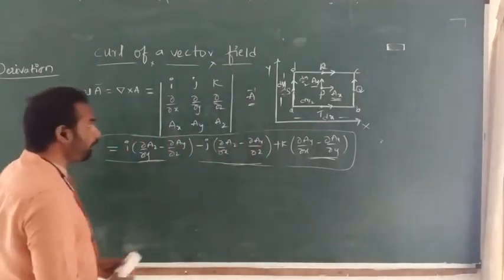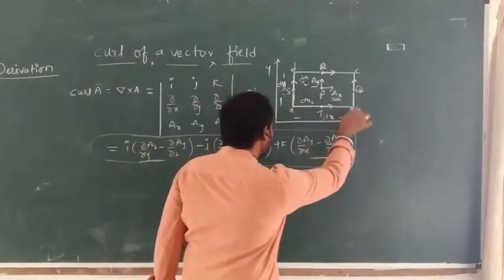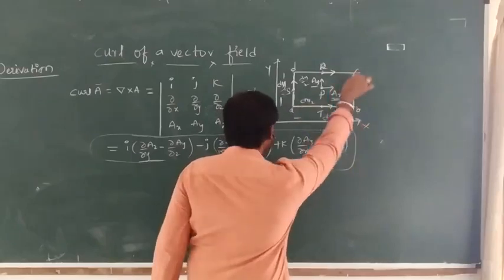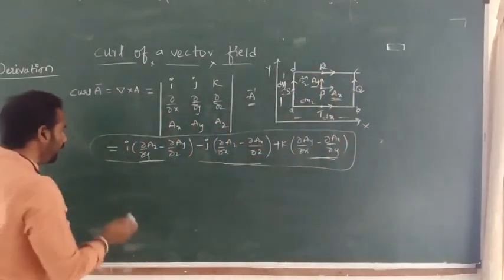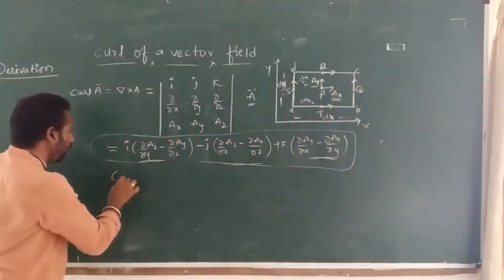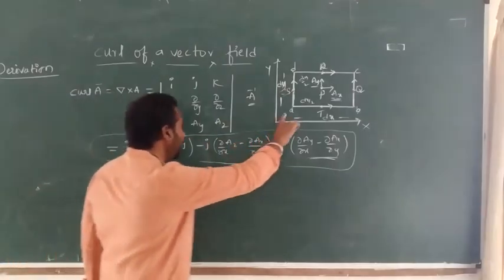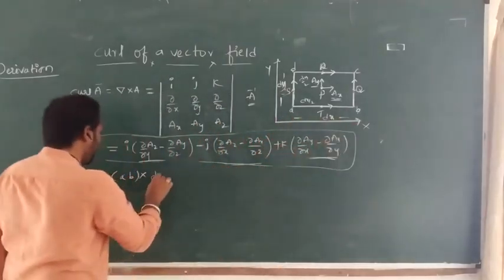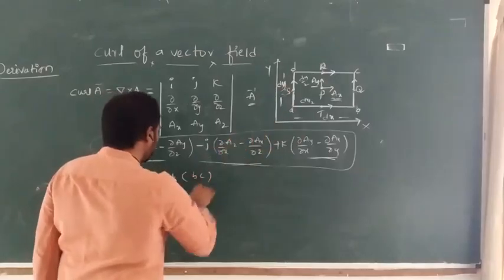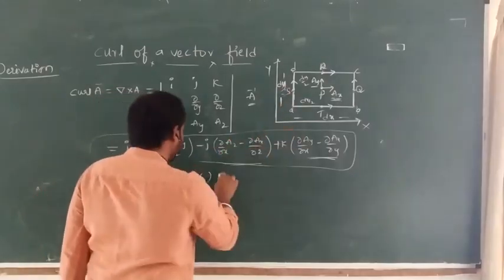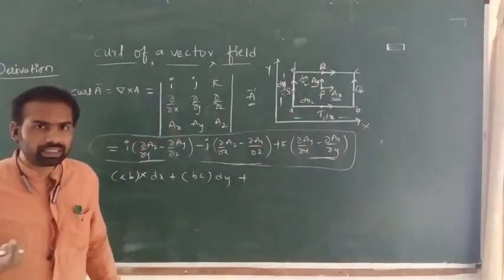Now we are going to find the line integral about the rectangle ABCD. What is the line integral about the rectangle ABCD? It becomes the component of AB into the length dx, plus the component of BC into the length dy. How can we get the line integral?